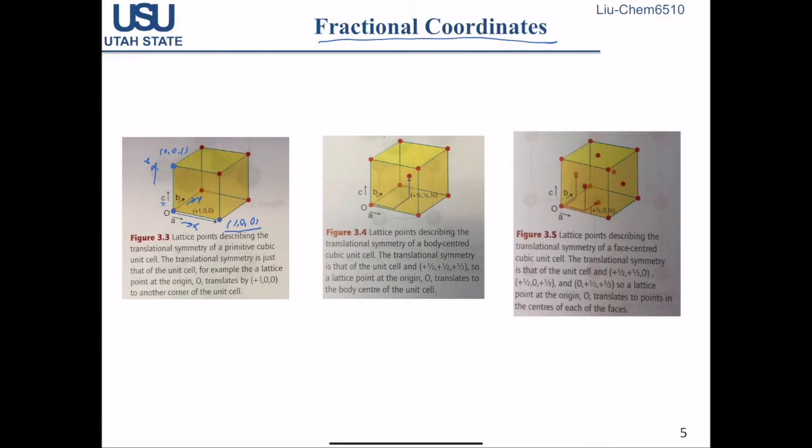And for this body-centered cubic system, if we want to move this origin point to the body-centered lattice point here, then we need to do a one half, one half, one half translation. So that's 1/2, 1/2, 1/2.